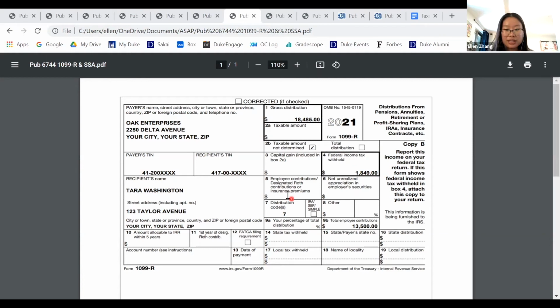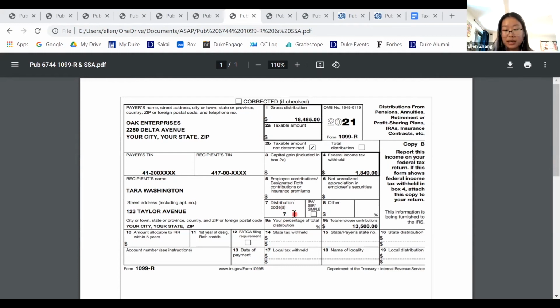And we also can see down here in box 7, another distribution code similar to what we saw in a W-2. So this gives you an idea of why exactly this was distributed. So code 7 is just a normal distribution.